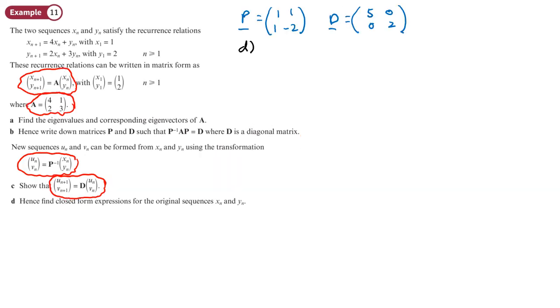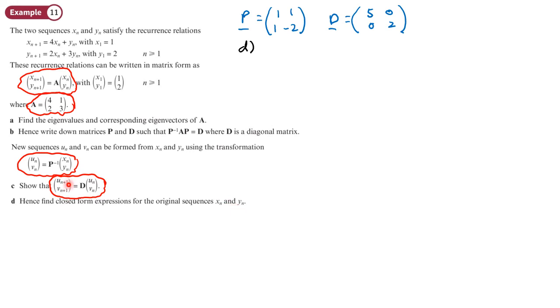Okay, we're going to move on to part d now. Now I've got a fresh slide here because we're going to need plenty of space for this. I've highlighted all of the different relationships we've been given and written down the values of P and D. Now it says, hence find a closed form solution for the expressions of the original sequences xn and yn.